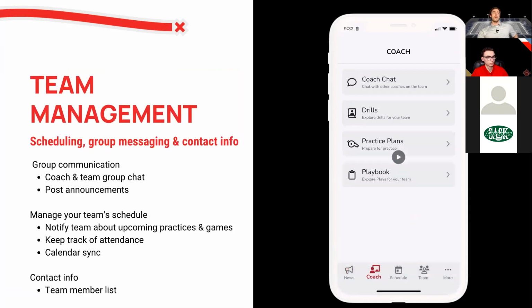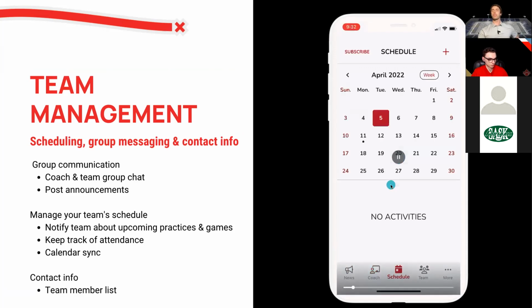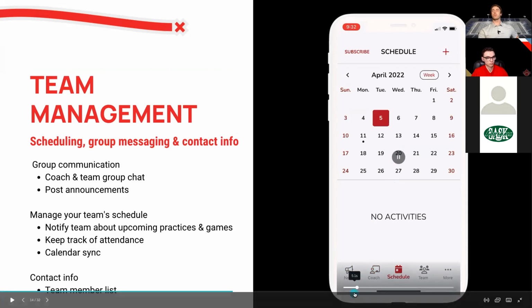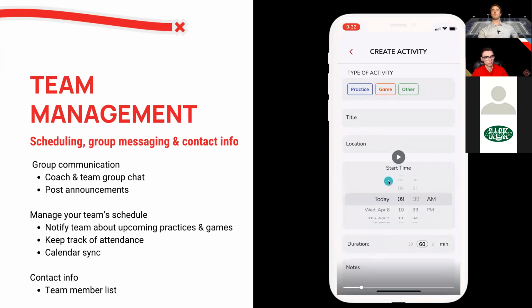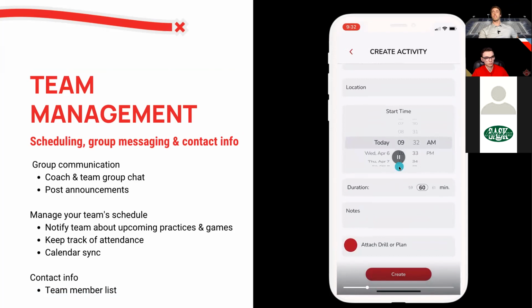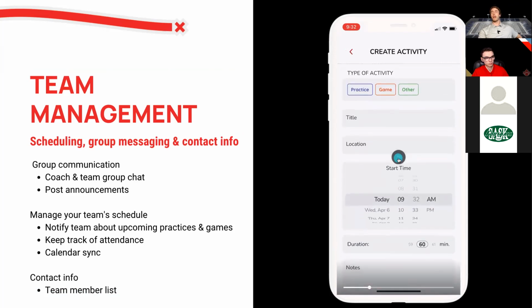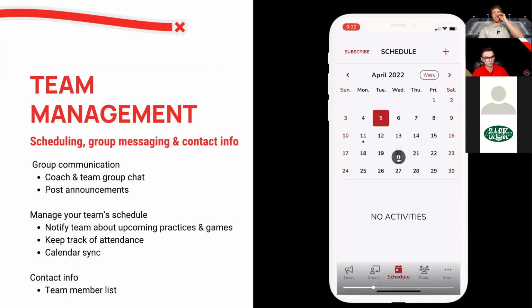And then with the scheduling tool, it's quite similar to any other scheduling tools you'll see in a team management app. So you can create an activity, practice, game, or other. You give it a title, location, start time, any additional notes, and you can see at the bottom there, you can attach your plan to your practice on the schedule.